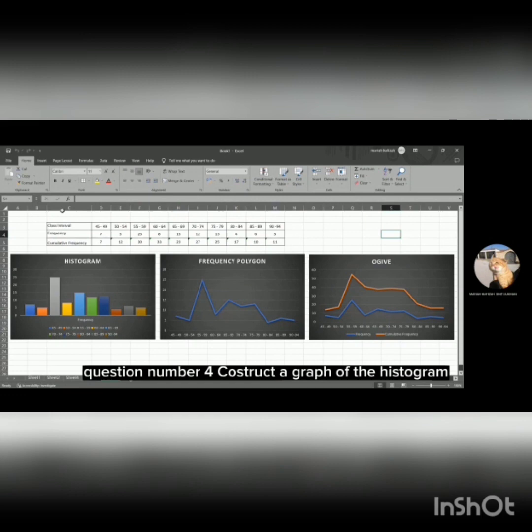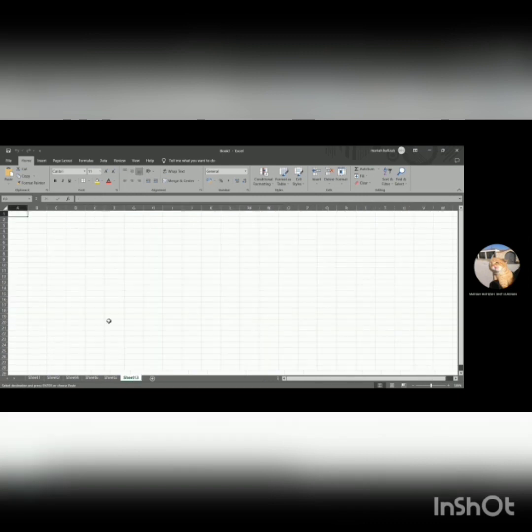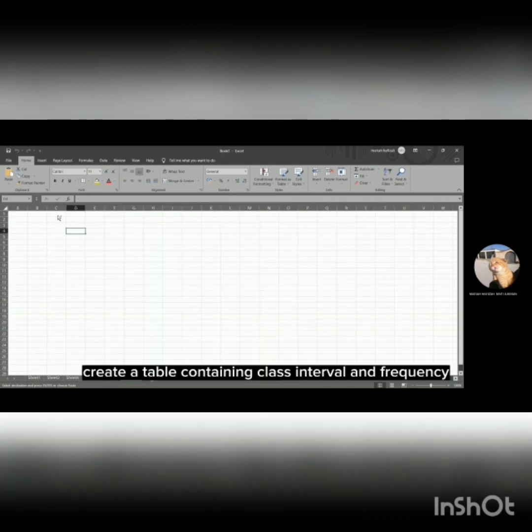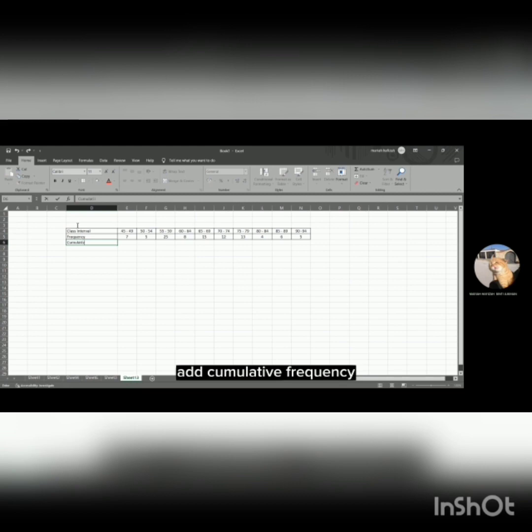Question number 4. Construct a graph of the histogram, frequency polygon, and ogive using the spreadsheet. From the raw data, create a table containing class interval and frequency. Add cumulative frequency.